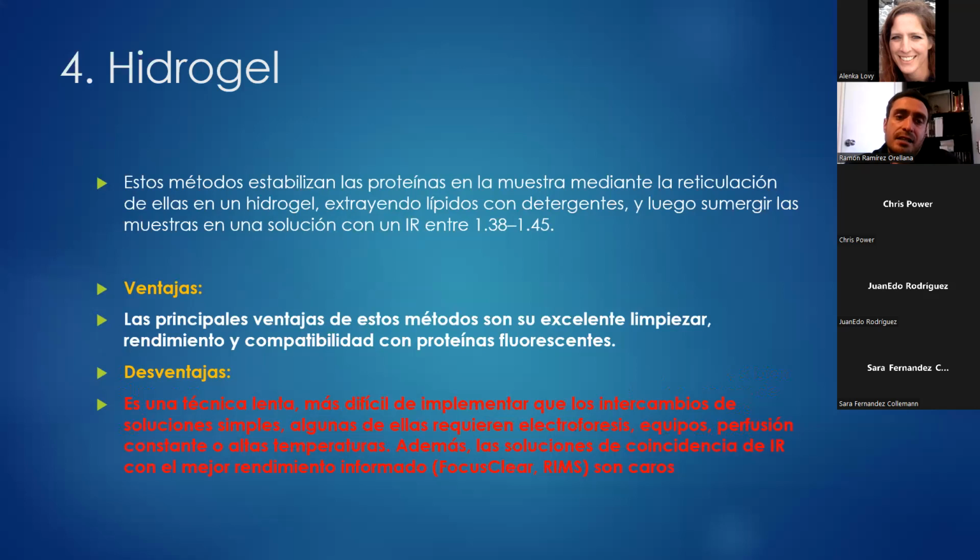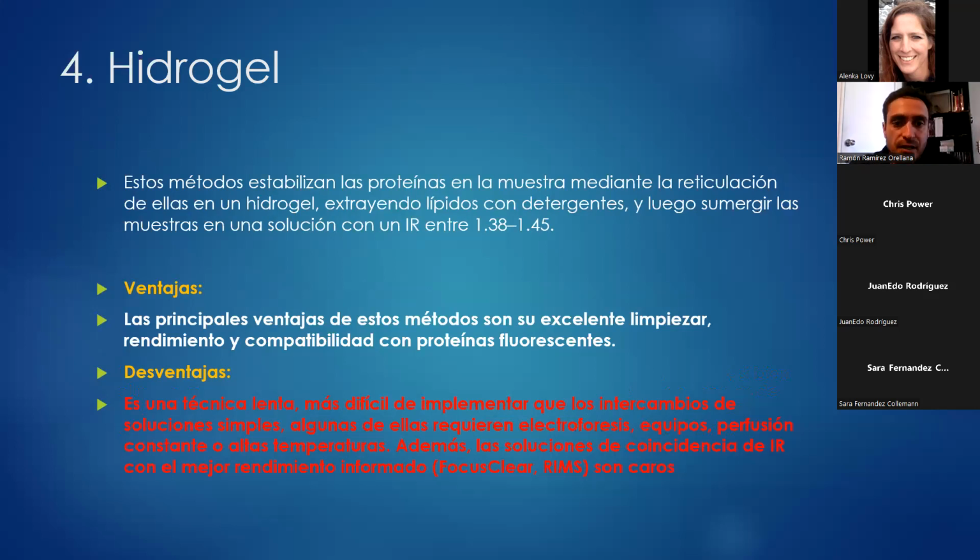La cuarta técnica es la del hidrogel, que es la que tiene mejores comentarios y es la que nosotros hemos desarrollado en el laboratorio. Estos métodos estabilizan las proteínas de la muestra mediante la reticulación de ellas en un hidrogel.